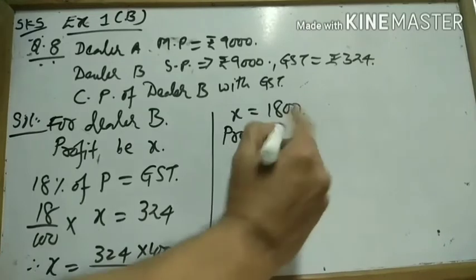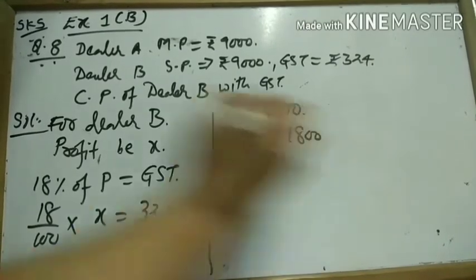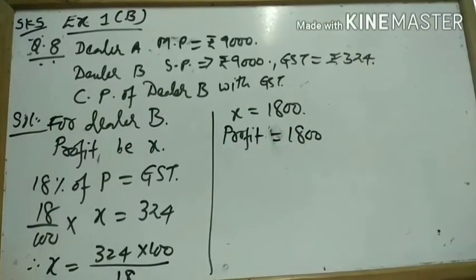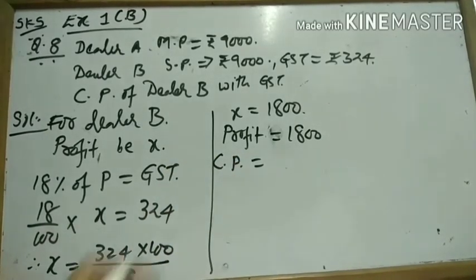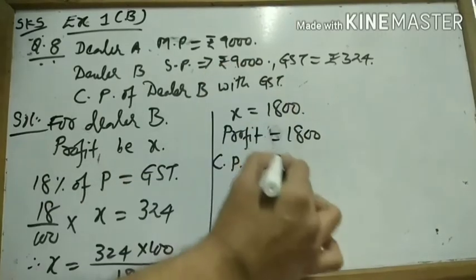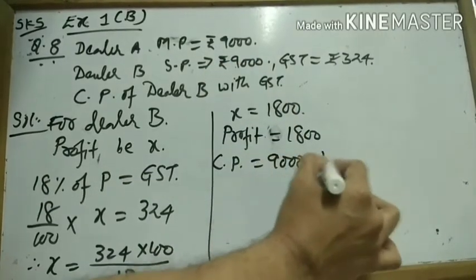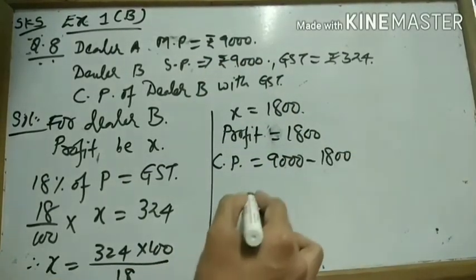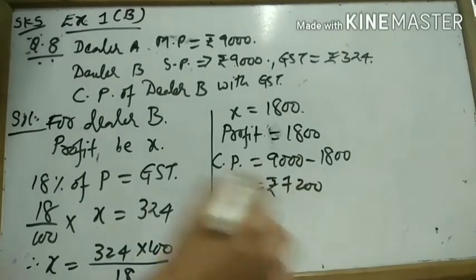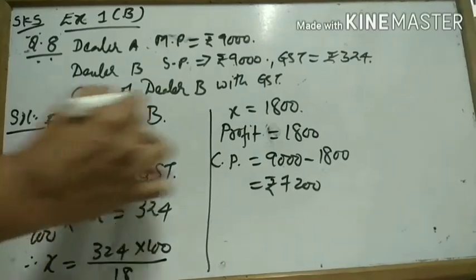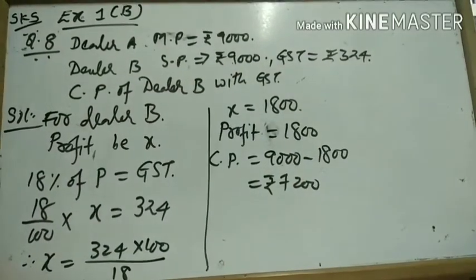I am not mentioning it for dealer B again because we have already given the heading as for dealer B. Now we have to understand CP for dealer B. His CP will be his SP 9000 minus his profit 1800, that fetches us rupees 7200. This was the CP. But what they've asked is CP of dealer with GST, that is the bill amount they've asked.